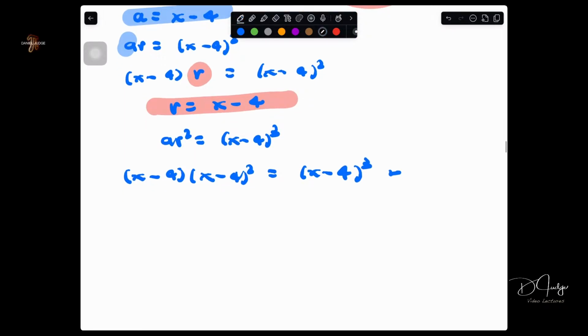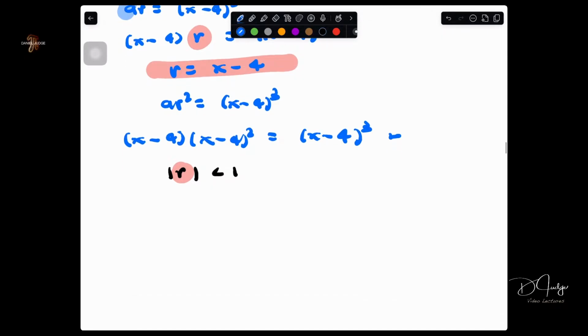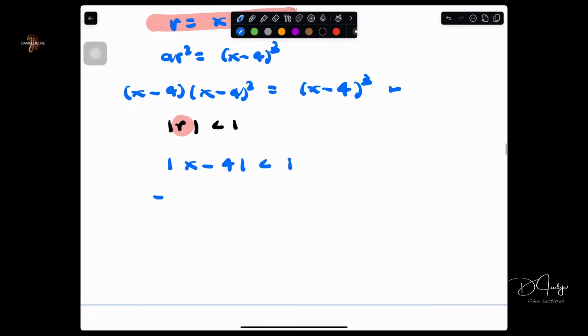If the absolute value of r is less than 1, we have convergence. And r, by the way, is x minus 4. So what does this mean? It means the absolute value of x minus 4 needs to be less than 1. This is an absolute value inequality.